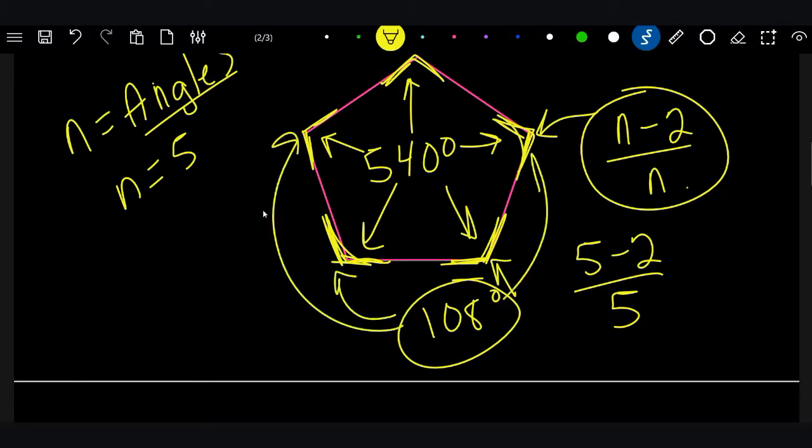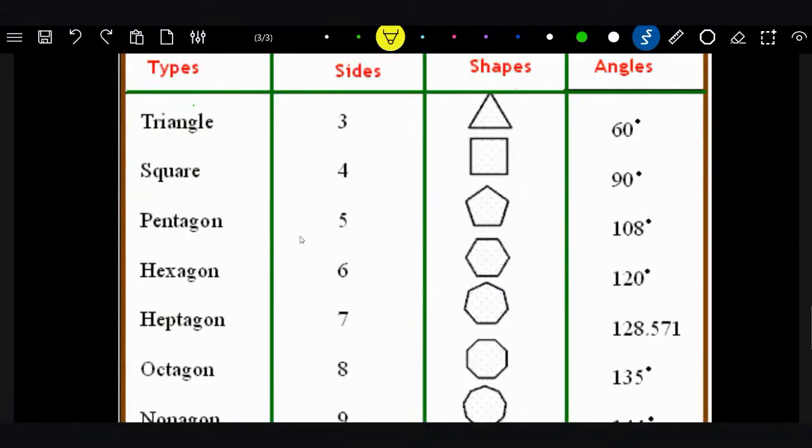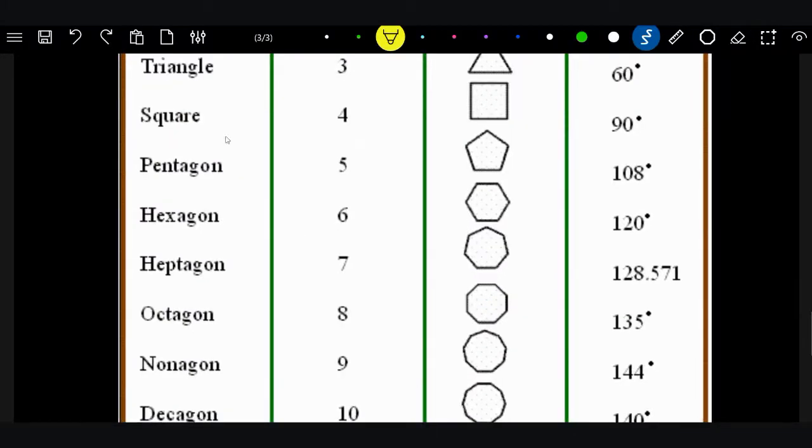In total, there are 540. Each one specifically is 108. So let's go back down here and look at our pentagon. Right there is our pentagon and it's 108. So a five-sided shape has 108 degrees in each angle.